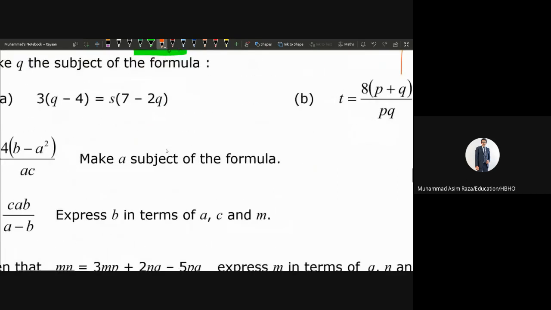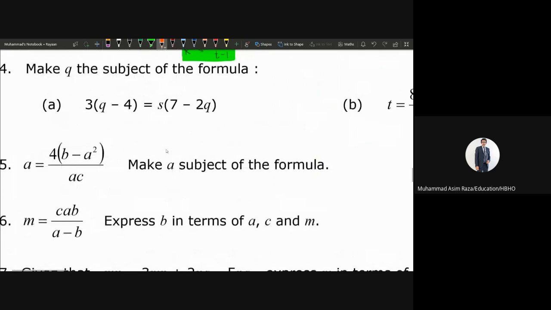So the same is the thing with question number 4. Because you have to make q the subject of the formula, I will first expand it so that all q terms become independent. So 7s minus 4qs. Bring all q terms onto one side. 3q plus 4qs is equal to 7s plus 12.